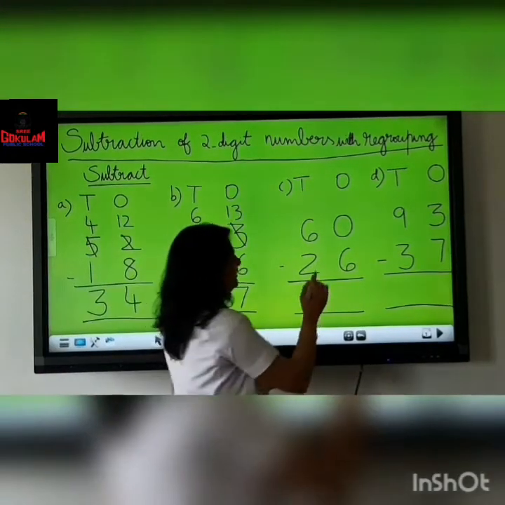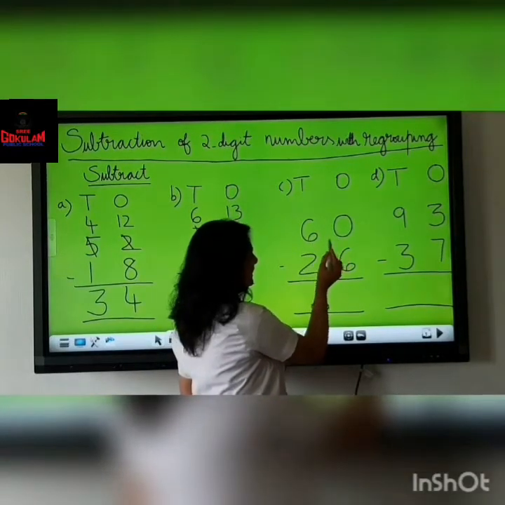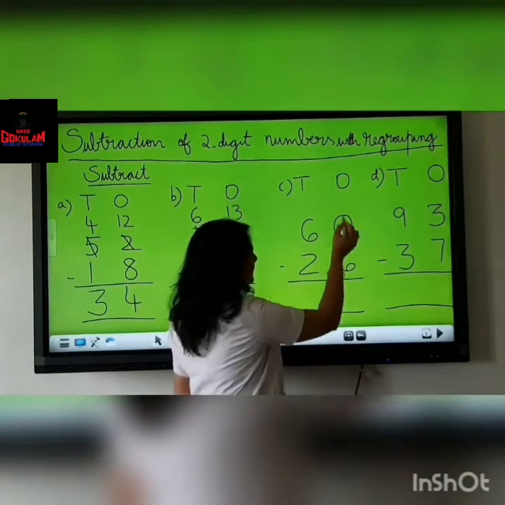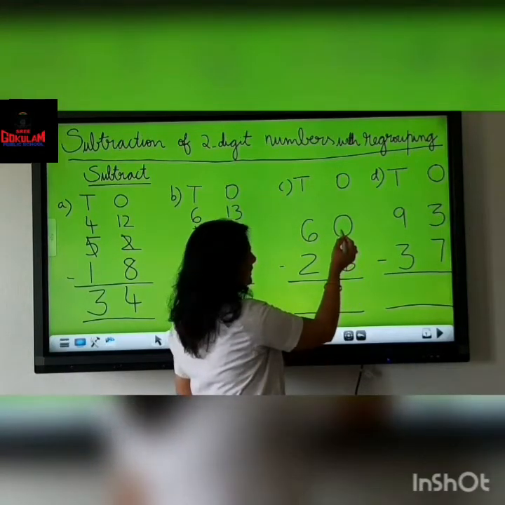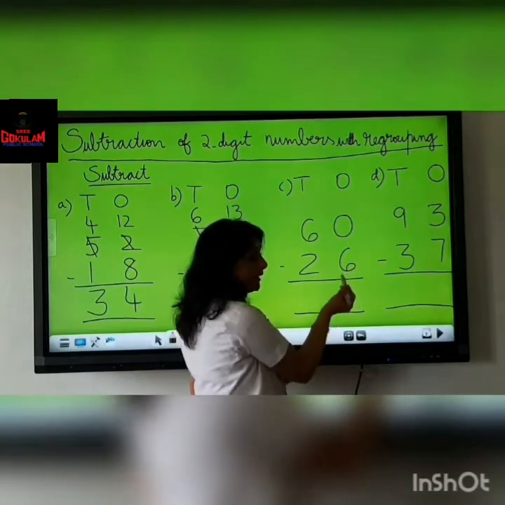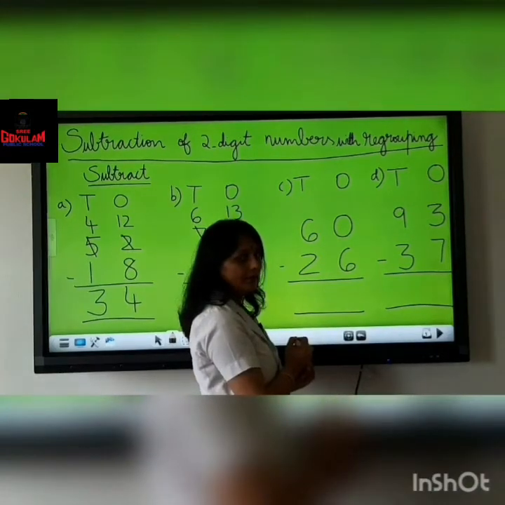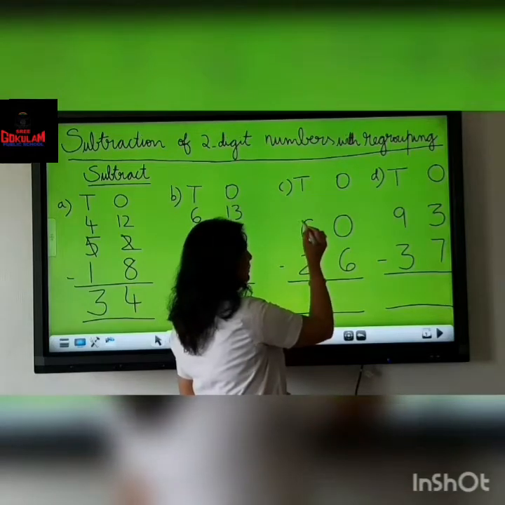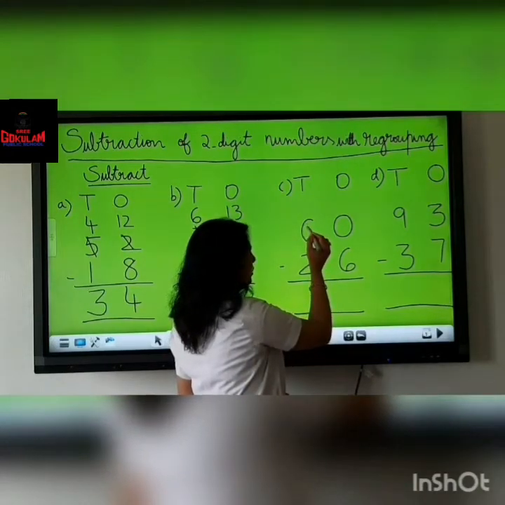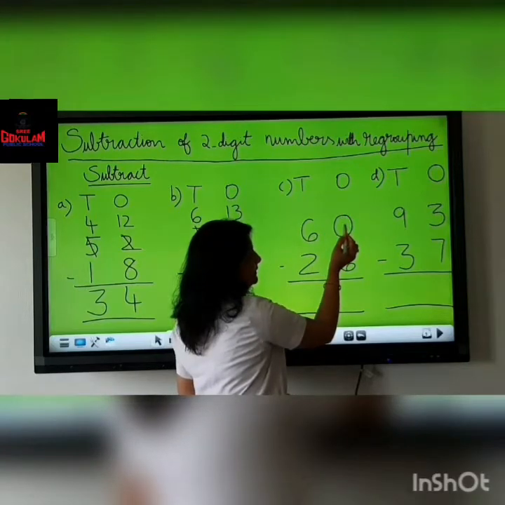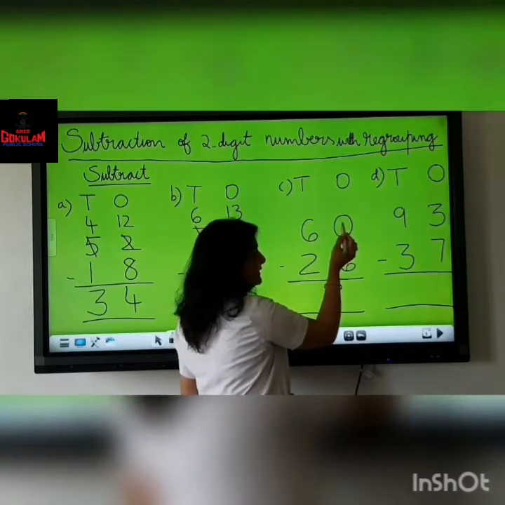Next question. Here you see 60 minus 26. Look at the ones place. The number you see on the top is 0, below you see 6. Can we subtract 6 from 0? No. So, what should we do? We will have to borrow from the tens place. We will borrow 1 ten and give it to the ones place. 1 ten means 10 ones.